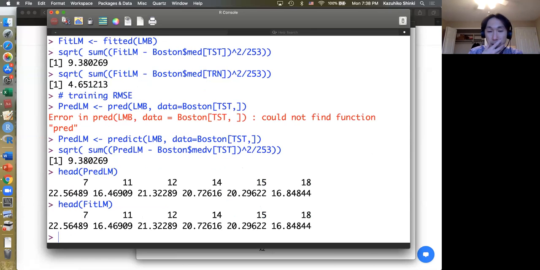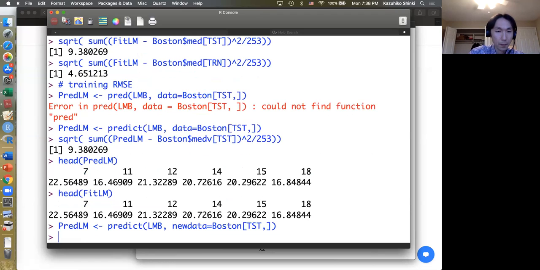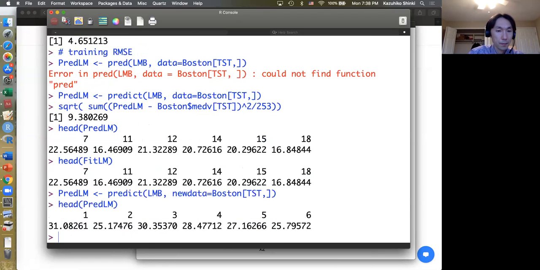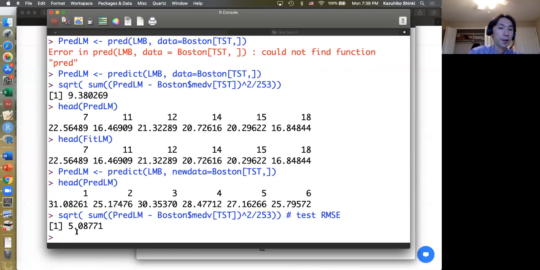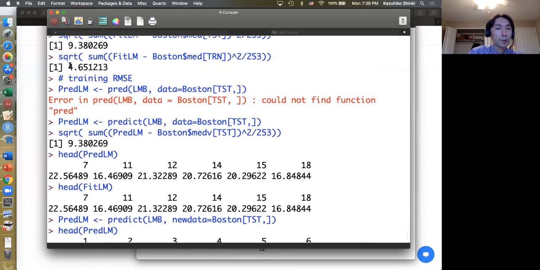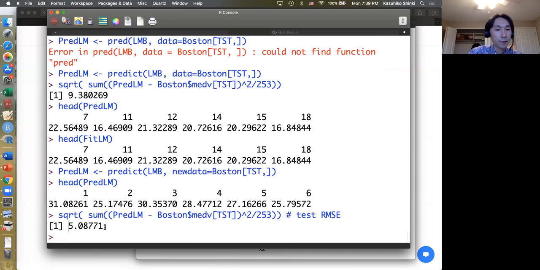It does not really work well, so maybe we have to put in the new data explicitly with newdata. Then the predict works, and this is the test RMSE: 5.08. So the training error is 4.65 and the test error is 5.08. This is the performance of the linear model.